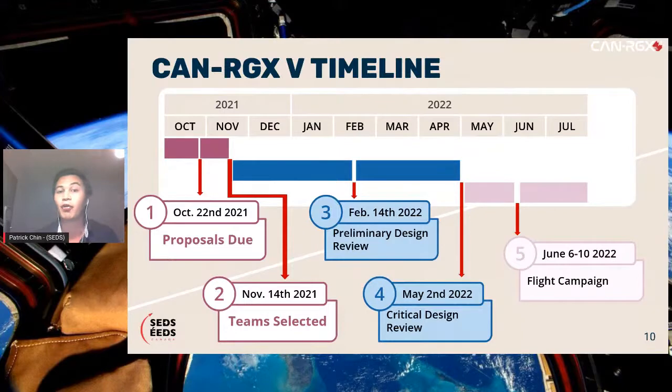And by the middle of November, we will select the teams who move on to the next stage of the competition, where the building and the review process begins. We'll have 2 design reviews, a preliminary review in the middle of February, and then another one at the beginning of May, where we will assess your projects and see how the progress goes towards finalizing your experiments.